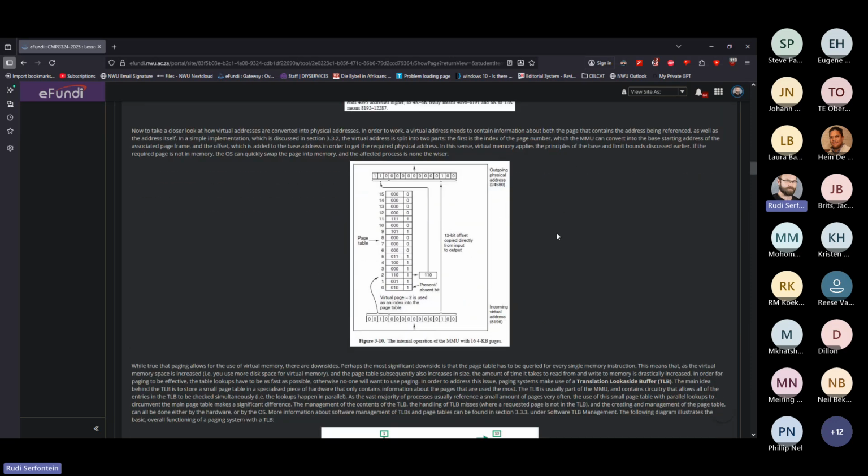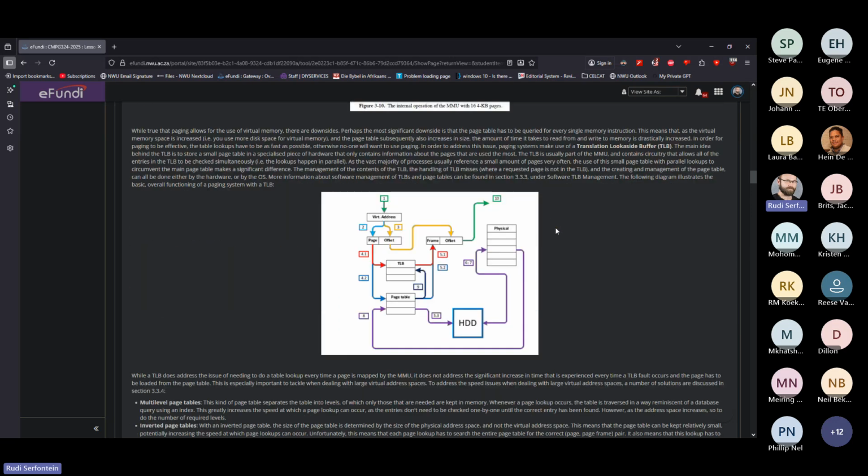The same with the operation of an MMU. It's also very unlikely that you'll be getting this diagram. This one, on the other hand, is very important to take note of.